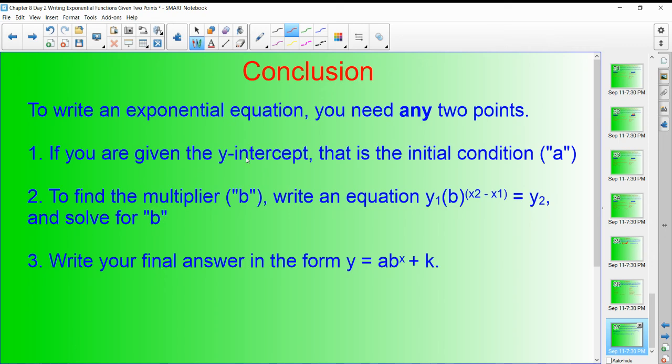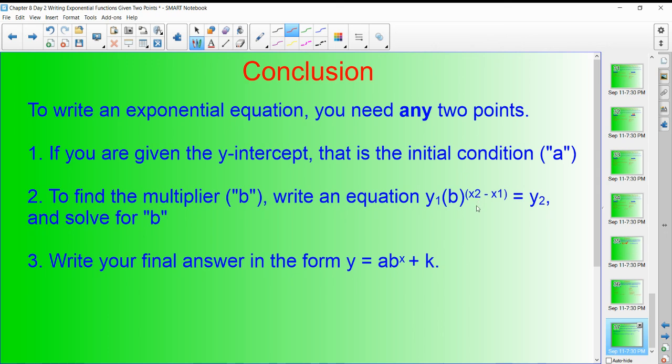So ideally, if they give you the y-intercept, that's the a value. To find the multiplier, we figure out where we start, the starting height, and our new height, and then b to however many steps we took. So whatever is the difference of the x's.